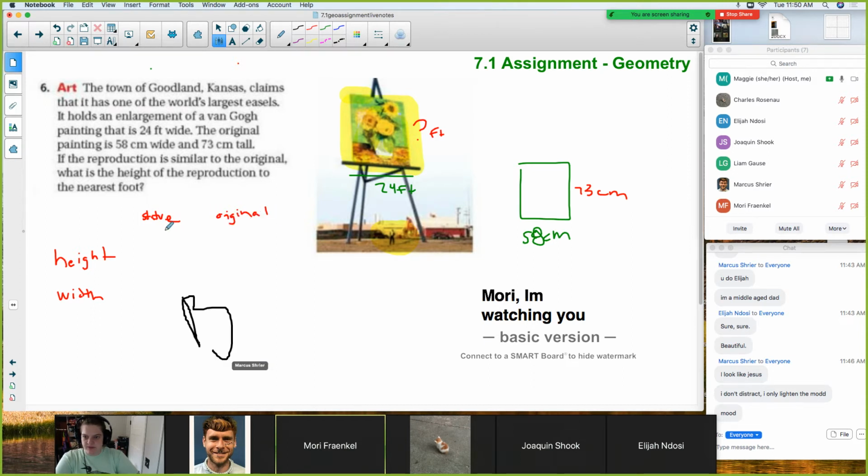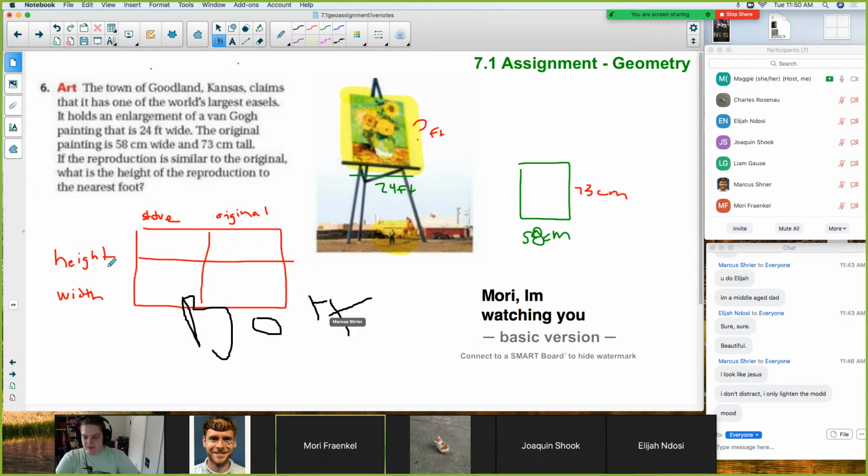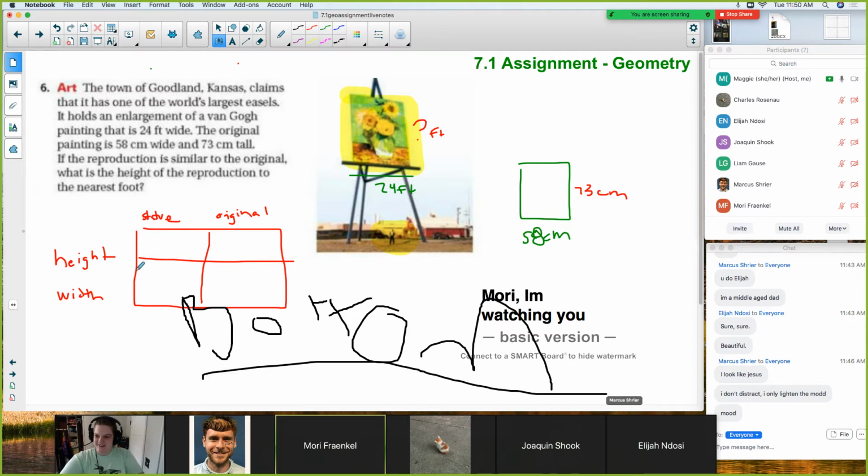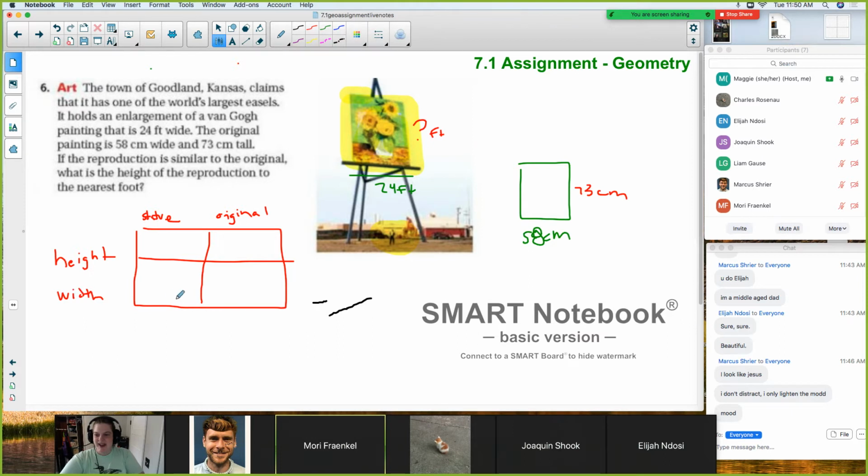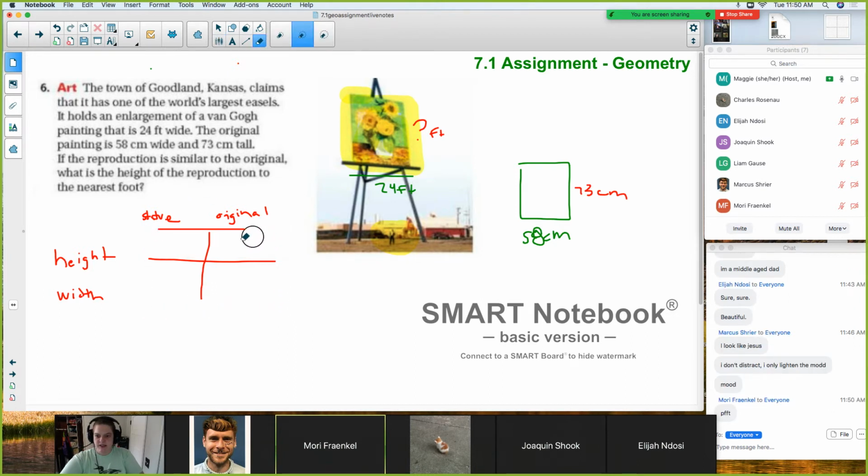So what I'm setting up here is like a little box that would match the height of the statue, and then the width of the statue would go here, height of the original will go here, and width of the original. But we don't do it necessarily in a box. We do it in a set of proportions or equal fractions.